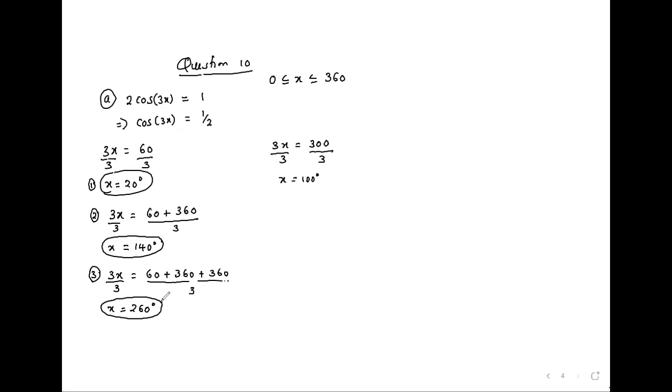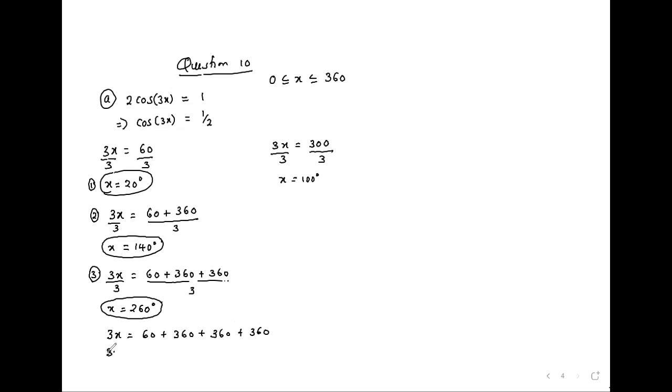Now, in case you're not so sure, you can check. What if I add again? You can try to add the 360, then divide by 3. So 3x is equal to 60 plus 360 plus 360 plus 360.